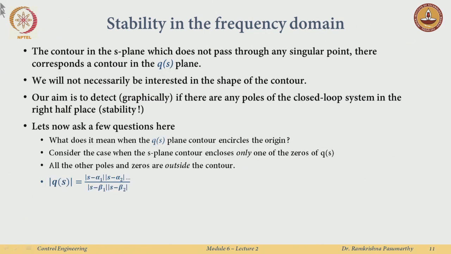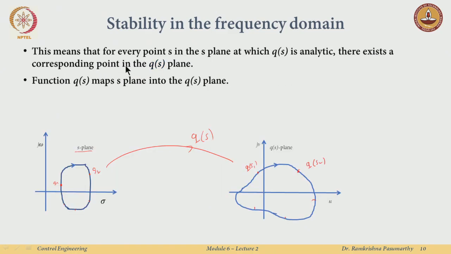So the contour in the S plane which does not pass through any singular point has a corresponding contour in the Q of S plane. The contour is like this, this entire map which I take here. I take this little closed loop here and something else happens there.